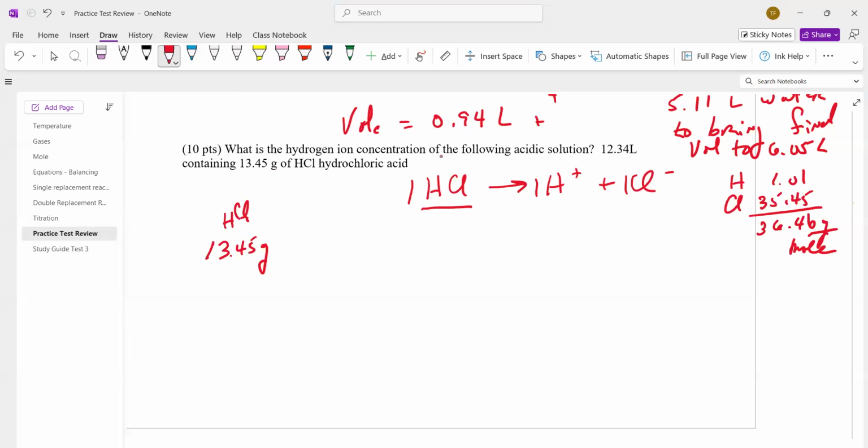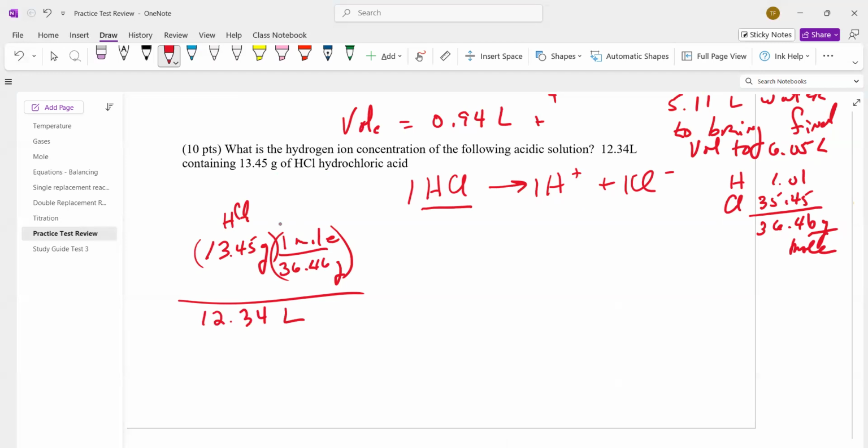And we've got that'll give us moles of HCl, and that's all over 12.34 liters.